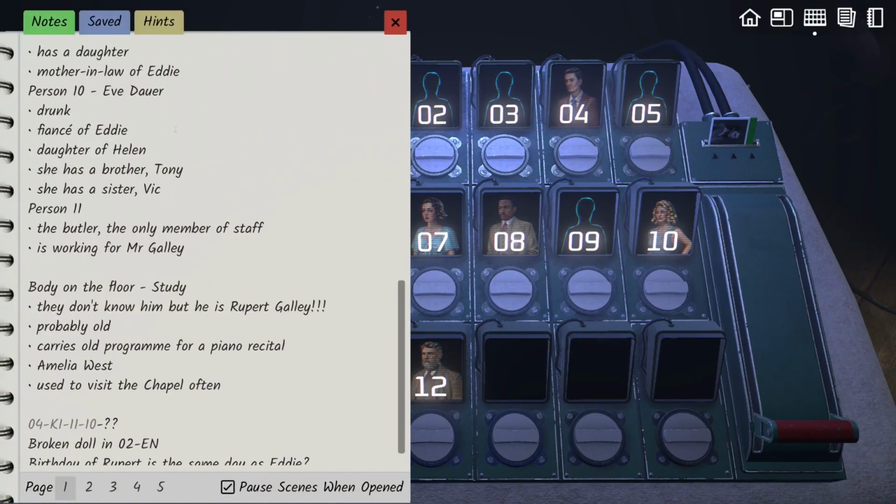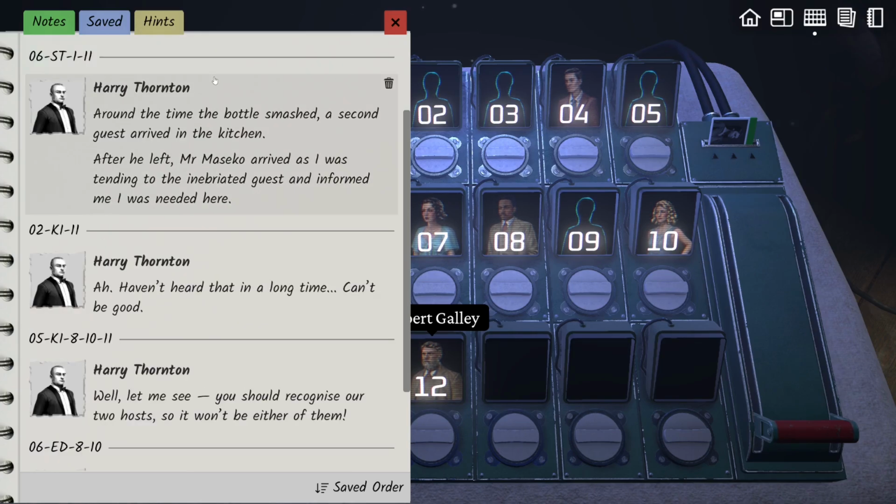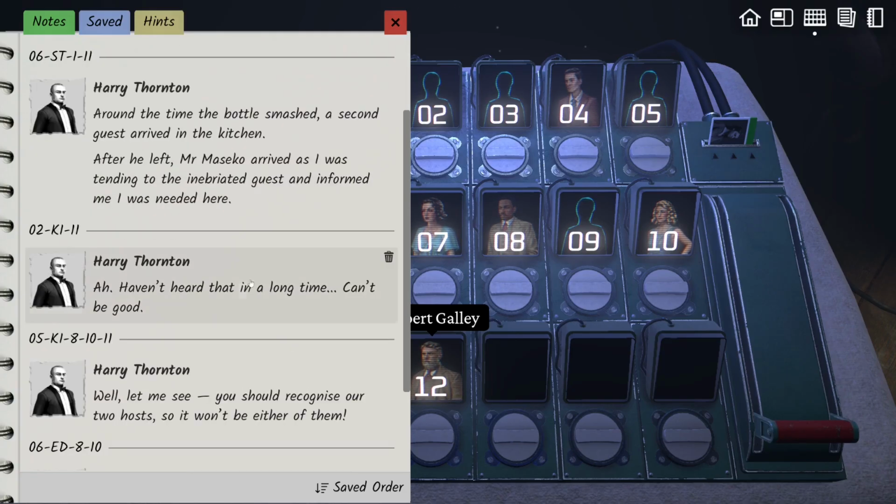Okay, let's see what we know. Interesting. Guest right in the kitchen. Yeah, we don't know that part, who arrived in the kitchen at that time. Key to the chapel. Yeah, that doesn't help us yet.